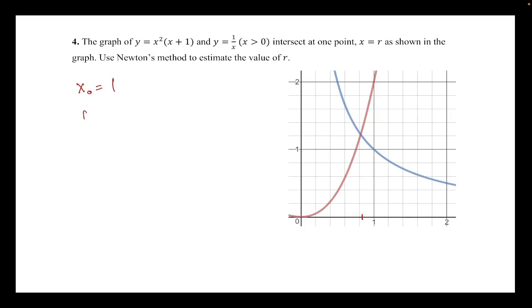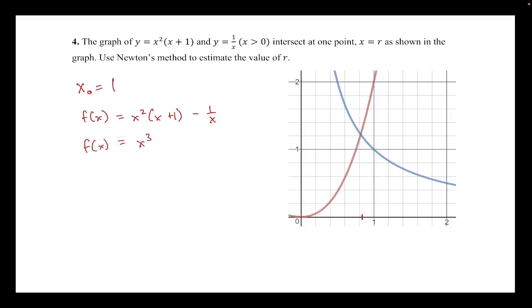And then your function would just be the same principle. You'll just have x squared times x plus 1, and you'll take away 1 over x after you had set them equal. And you could go ahead and distribute that x squared. And let's see, it would make it a little bit easier instead of having to worry about the product rule.